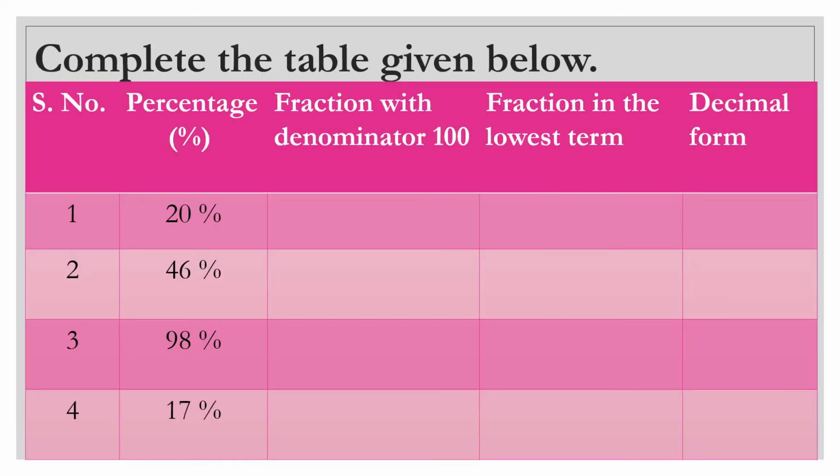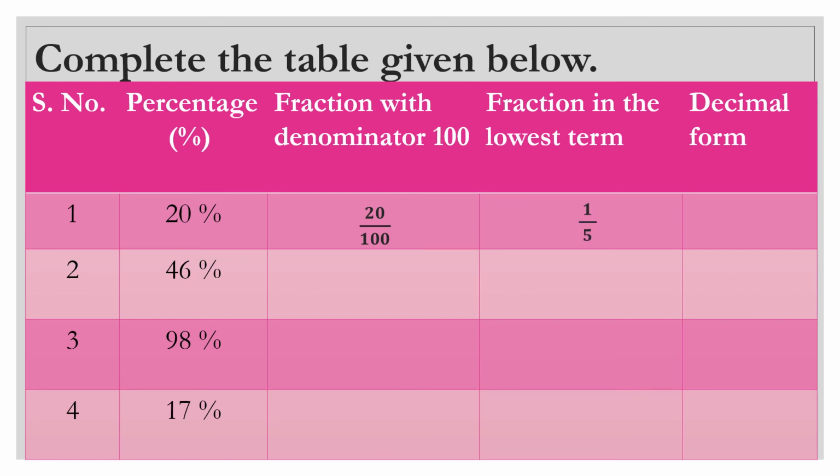The next is complete the table given below. Question number 1. 20%. In this question, first write 20% in fraction form with denominator 100. So the answer is 20 upon 100. Then in the next column, we have to write 20 upon 100 in the lowest term. So simplify. 20 1s are 20 and 20 5s are 100.